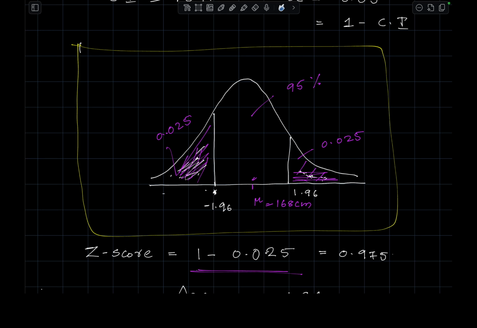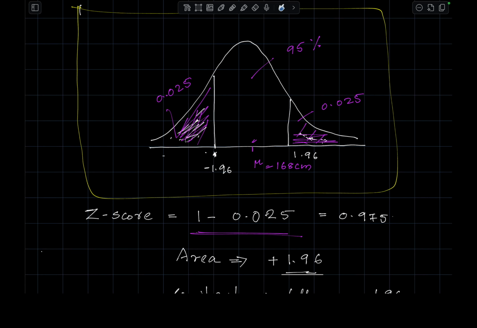So what is that called? Is it called Z score? Basically, 1.96 is the Z score for that particular area. And then since we have a symmetrical distribution on both sides, we take the negative of that value on the other side, and with that value we started our calculation.